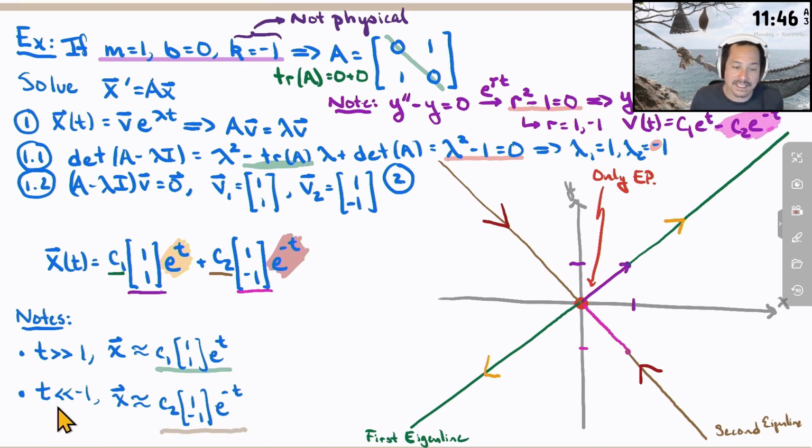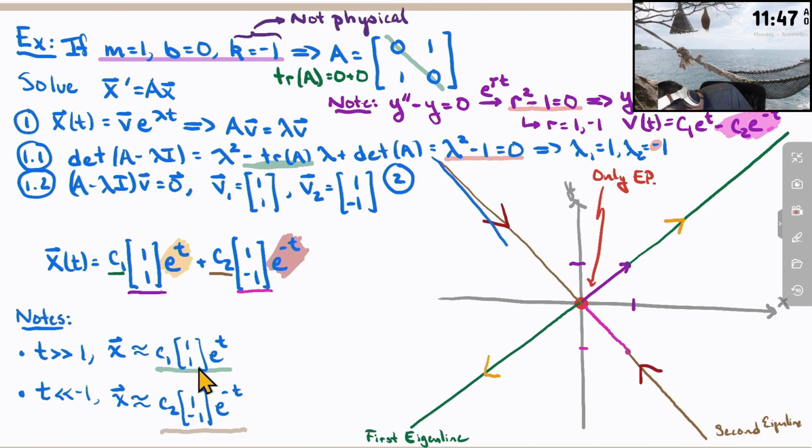So what I'm seeing now is that for really, really far back in time, my solutions need to look like the brown eigenline. So they're behaving a lot like the brown eigenline. But as I go really, really far forward in time, those solutions transition to the green eigenline. So what would my solutions do? Really far back in time, they should be like this brown eigenline.